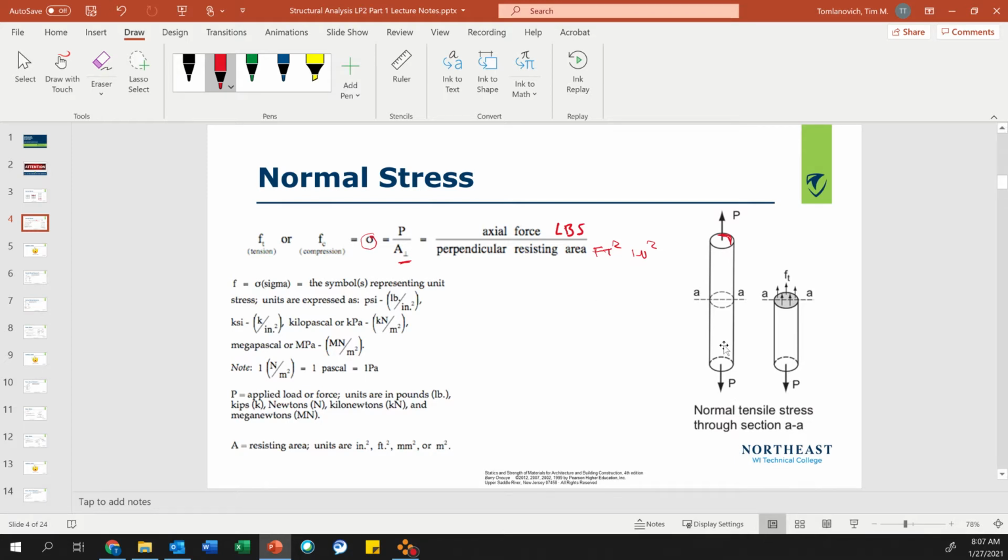Again, if we turn the sense 180 degrees, this goes into compression. If the senses are originally this way, then it's in tension. But again, the load is perpendicular to the resisting area. That's key. P over A. F equals P over A, or sigma equals P over A. So it's a really simple formula to memorize.